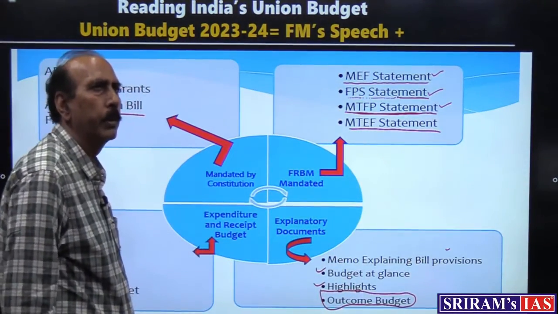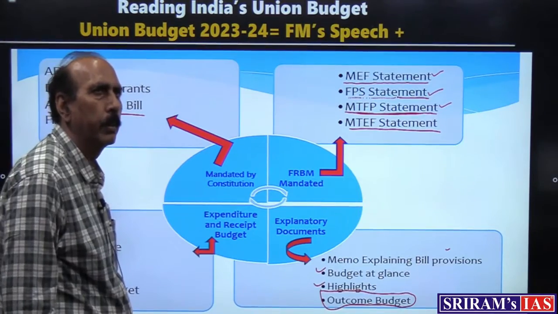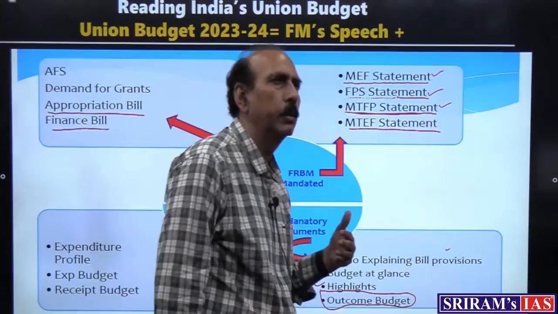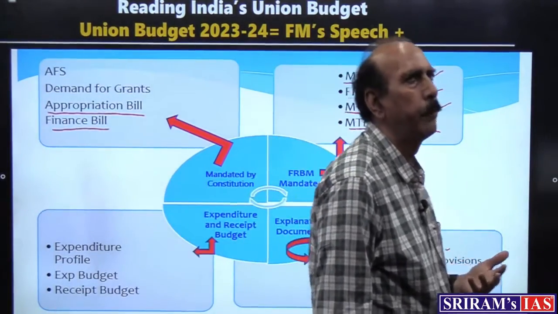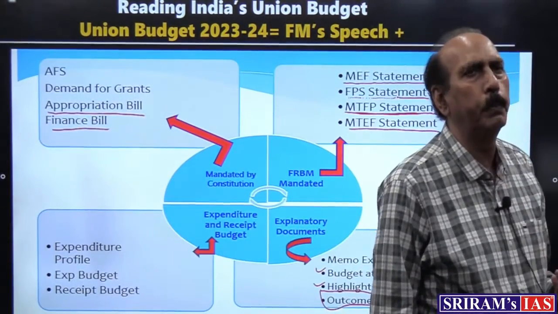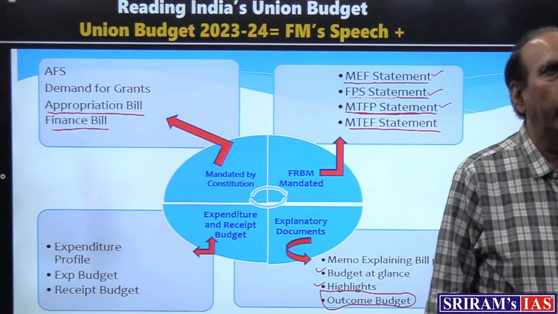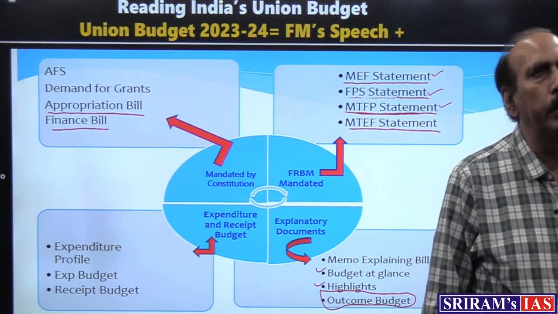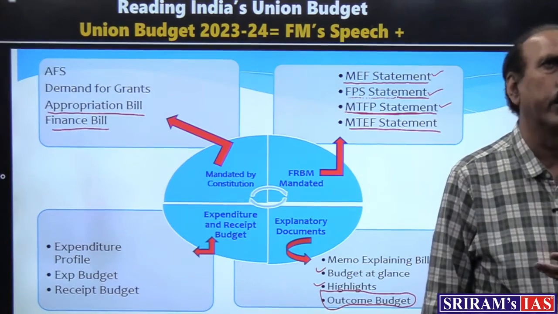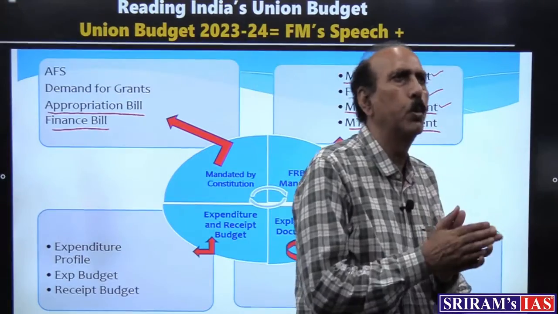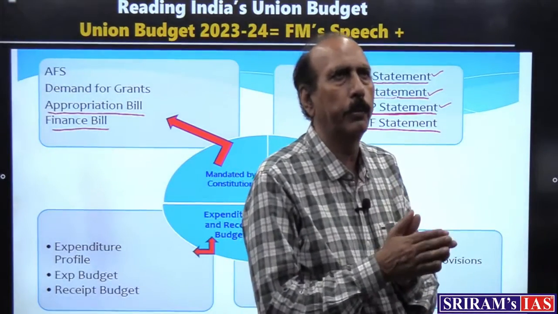The demand for grants is a very, very important document. Once it is approved, the government has to seek authorization from the parliament to make the expenditure as approved in the demand for grants. Therefore, the demand for grants is to be approved by the parliament first.